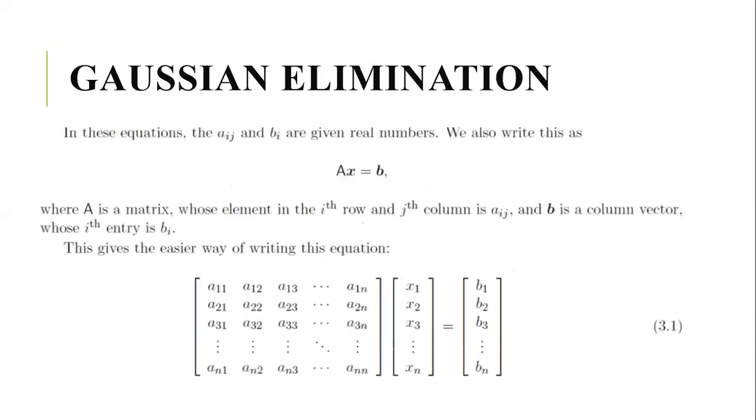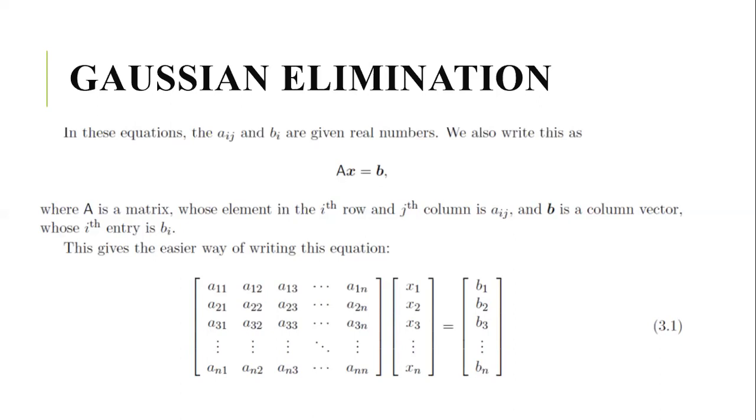Now, Gaussian elimination is an approach which is used to get the solutions to any given dimension of equations. So it says in these equations, if we are given aij, where the ai's are the coefficients of x and the bi's are the solution, any given real numbers, we can write them in the form Ax = b.